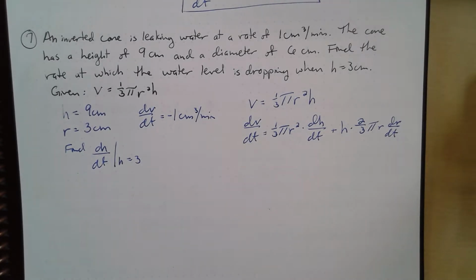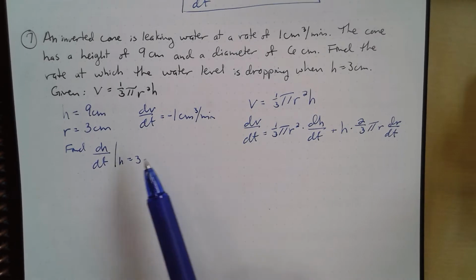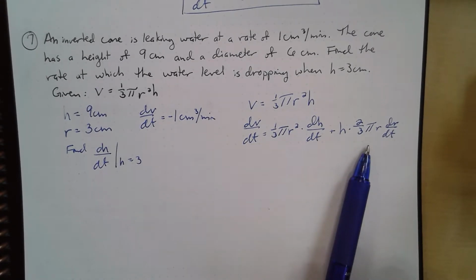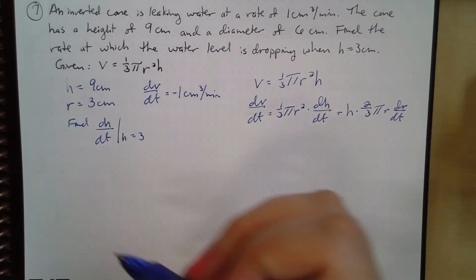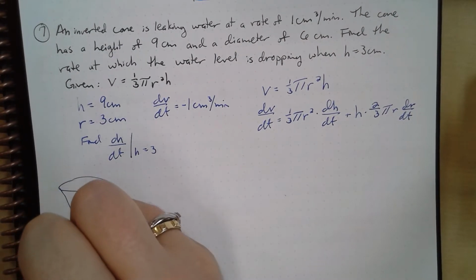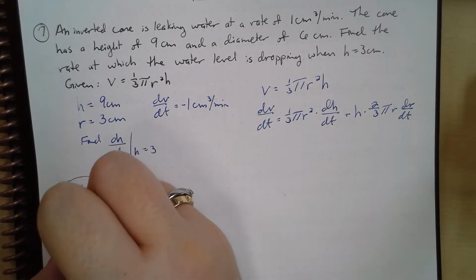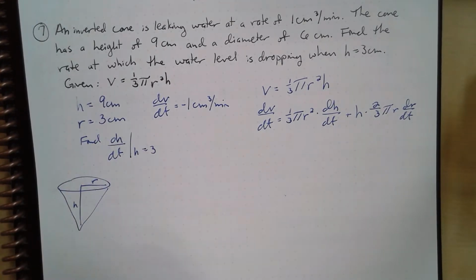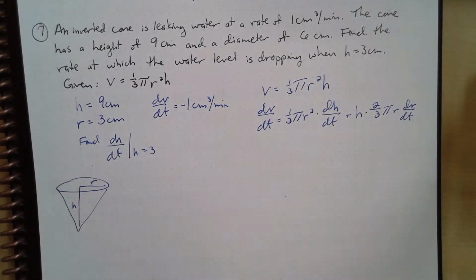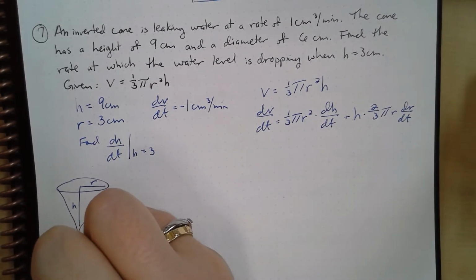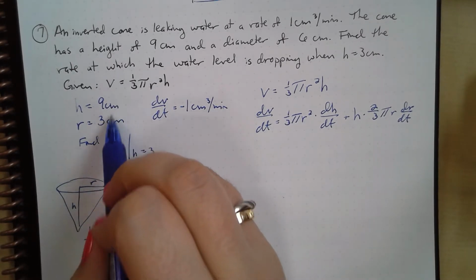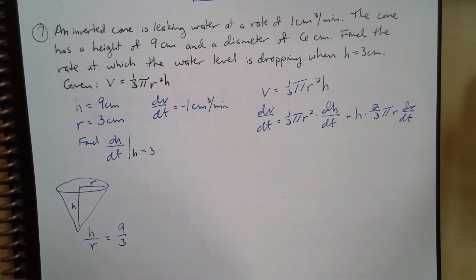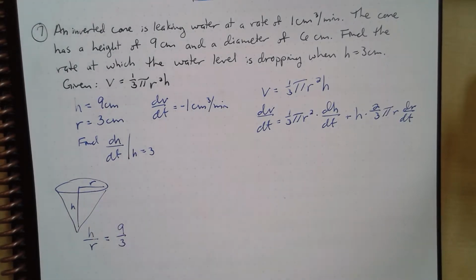Before we can keep going, I'm given my h, but I don't have a value for r, so I need to find r in terms of h. I'm going to draw my cone here, and here's my height h, and here's my radius r. The ratio of this cone is that h is to r just as 9 is to 3, because I was given those for the height and diameter of the cone originally.